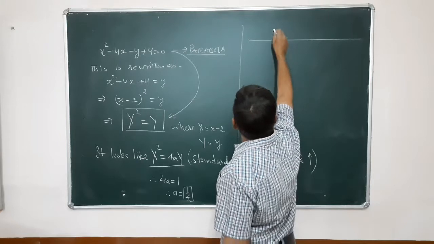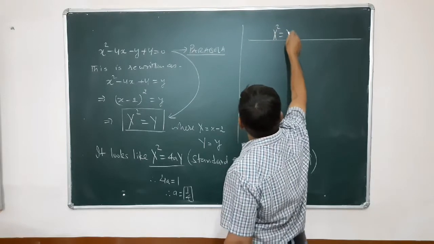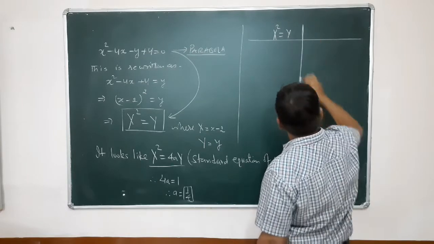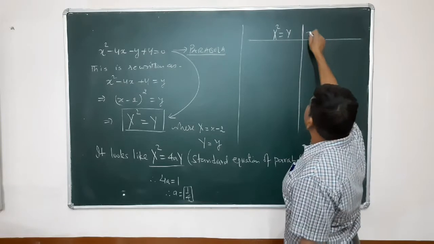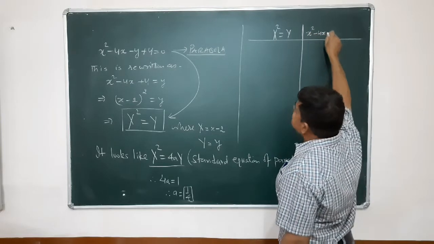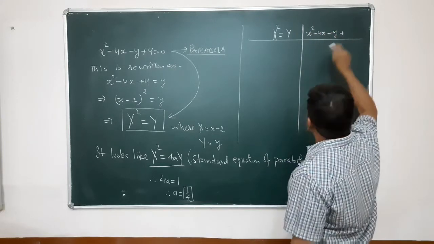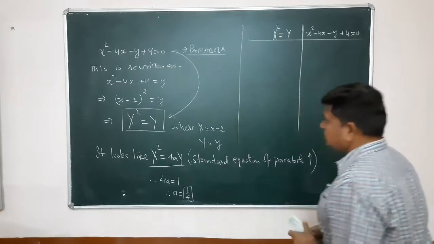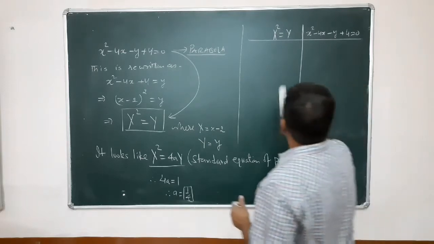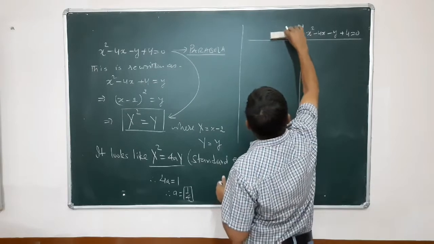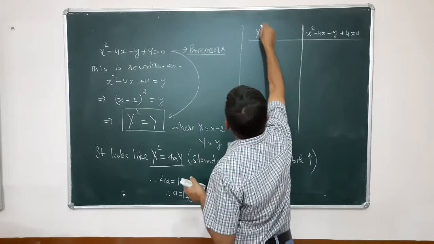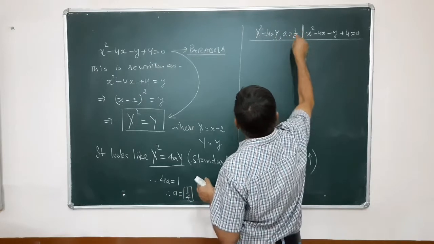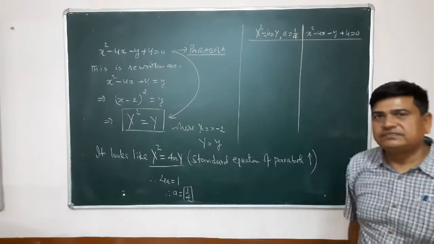First I write this equation x square equals y, then second I write x square minus 4 plus 4 equals 0, or x square equals 4a, where a equals 1. I think it is better.